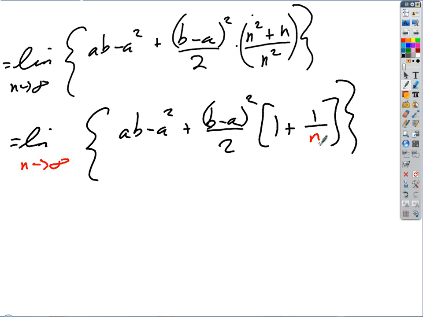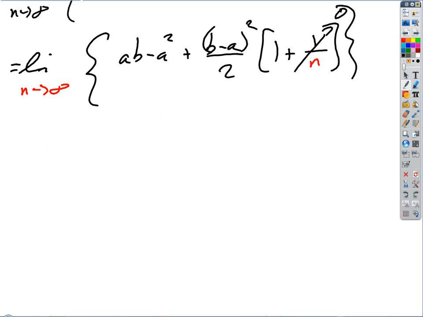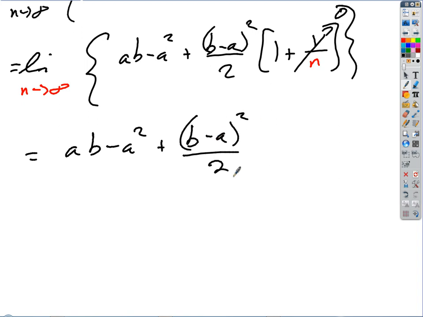That's going to shrink to 0 in our limit, right? And so we end up with the answer, ab minus a squared plus b minus a squared over 2.